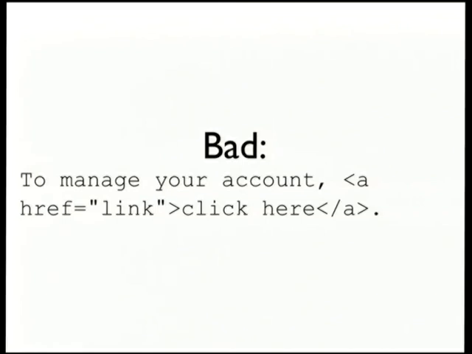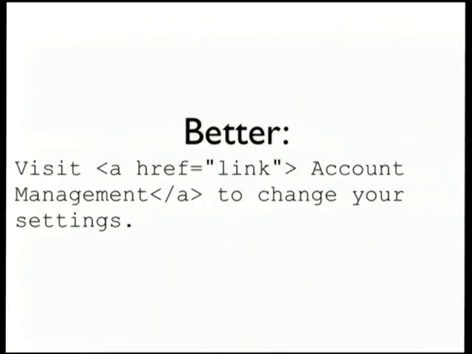A lot of times it's very tempting to write things like that. I don't know about you, but I have to really watch myself on that. So just work as hard as you can to rephrase the text. Ideally the link should be on the item that is most important.